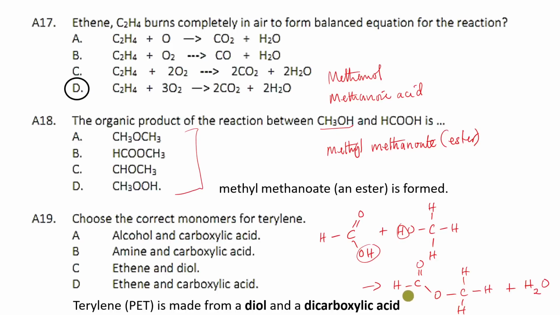Now it starts with this. In writing this one, you can see that we can have H, then we have C, then we have OO, then now we can have CH3.